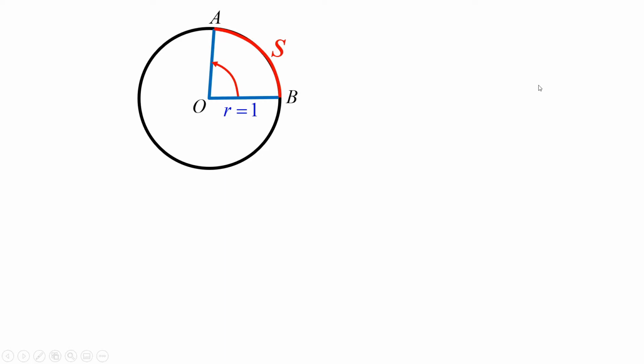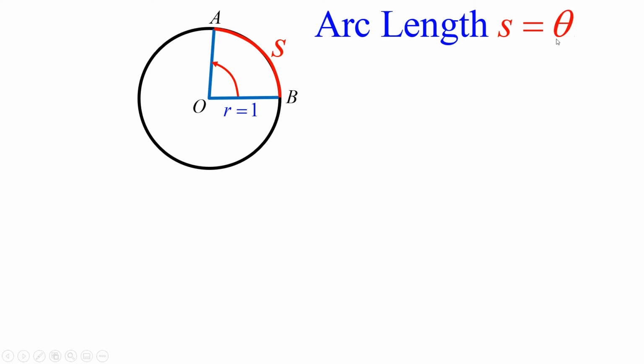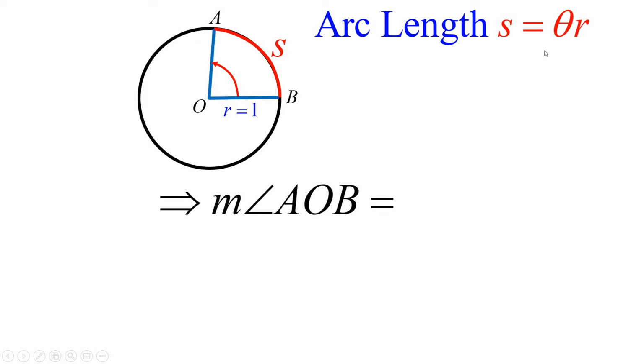So, oh, look at this one. Oh, well, what do you think that angle might be? I don't know. And remember now, let's do it again. Arc length S equals theta times r. All right. So the measure of angle AOB, well, I don't know, that looks a little less than 90 degrees to me. So I called it 86 degrees right here. Now let's check it out right there. Okay, the radius of the circle is 1. All right, what are we going to do?